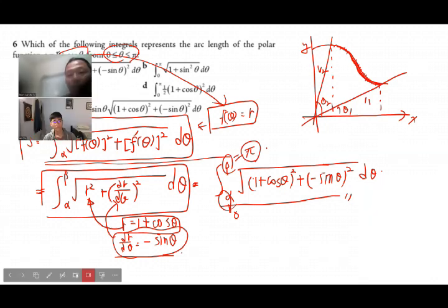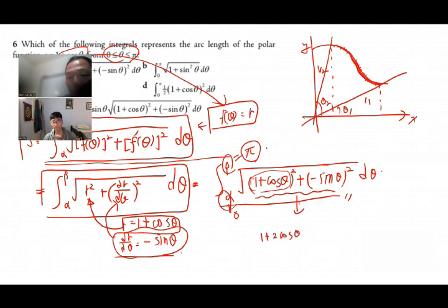Now, if you want, you can further simplify this equation by fully expanding the 1 plus cosine theta and the minus sine theta out of the squares. That gives 1 plus 2 cosine theta plus cosine squared theta, plus sine squared theta.